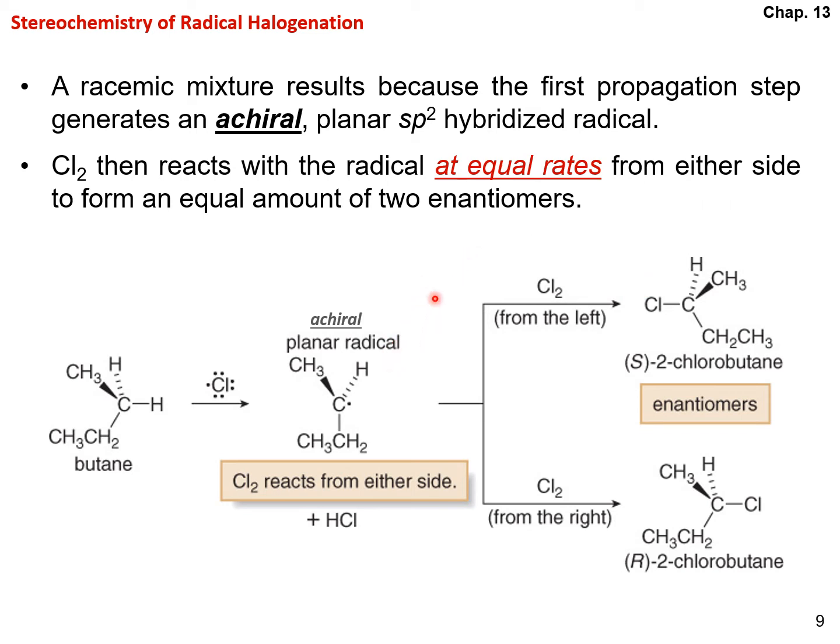Reaction can occur from the left-hand side face over here. That would generate the S enantiomer. Reaction from the right side would end up with the R enantiomer. Since this is planar and achiral, the activation energy for reaction from the left-hand face or the right-hand face would be exactly equal. Therefore, if the rate of reaction is equal from either face, you'll end up with an equal amount of both enantiomers being formed.